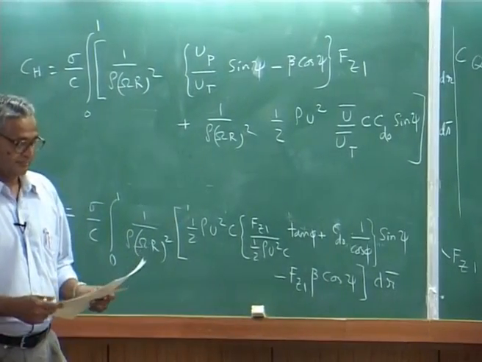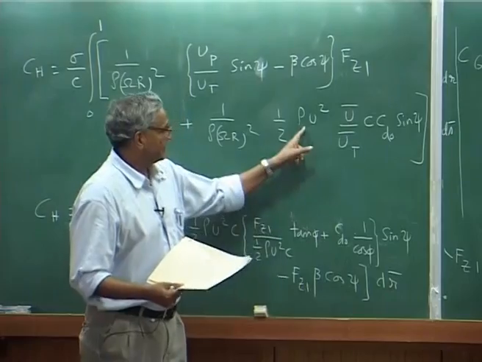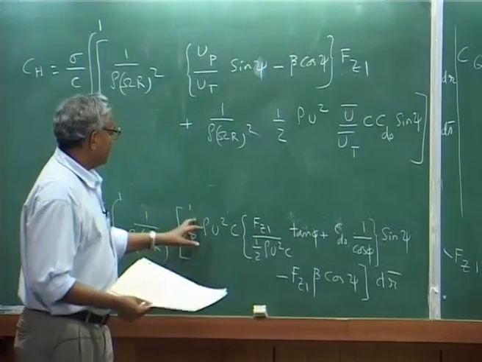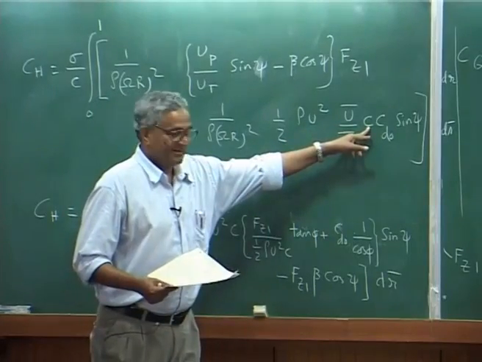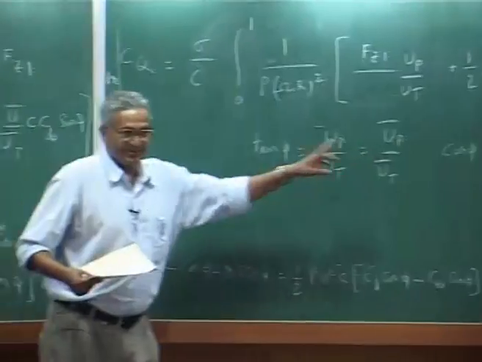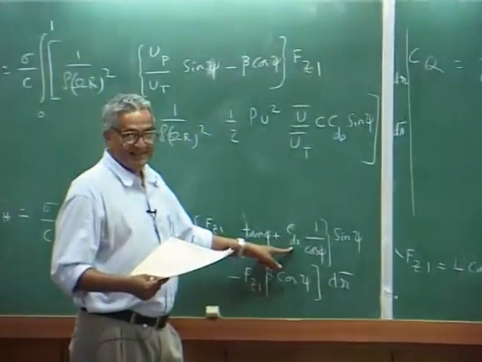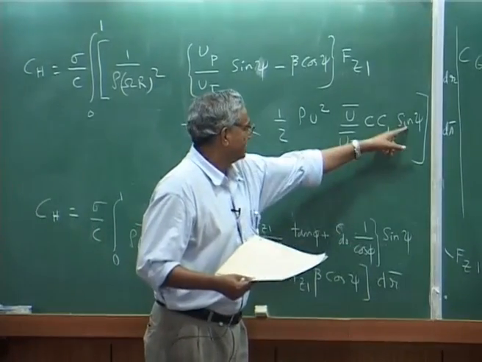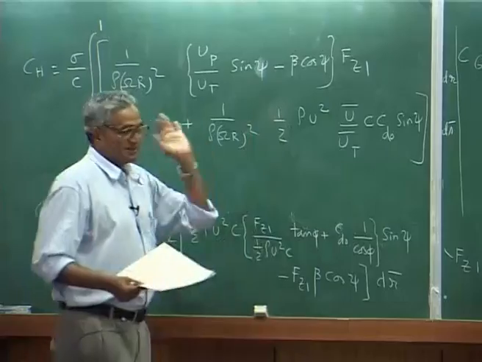Is it okay? Because this is the term, I am taking half rho u square c, cosine phi, that is given ut by u, that is what is coming here, and then there is a CD naught sin psi, and this is the remaining expression.